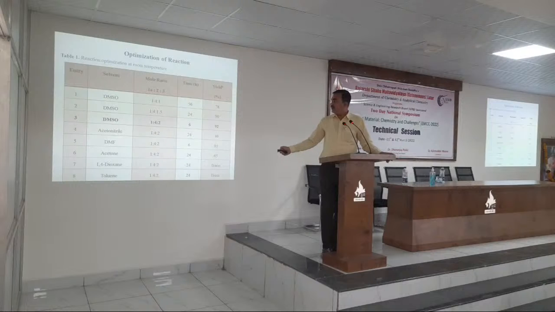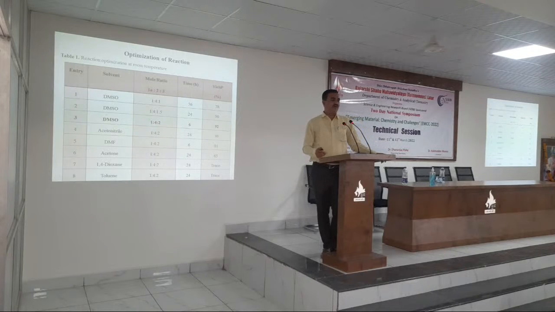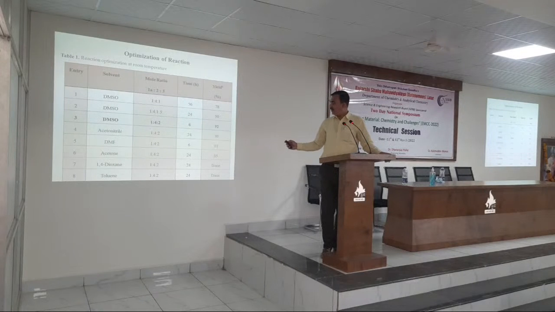So see, optimization of solvent is carried out. How to develop this? You can optimize the solvent. If other solvents are there, try to perform the reaction with those solvents or catalysts. What happened when I performed the reaction in DMSO with this mole ratio of aldehyde, sulfur and secondary amine?